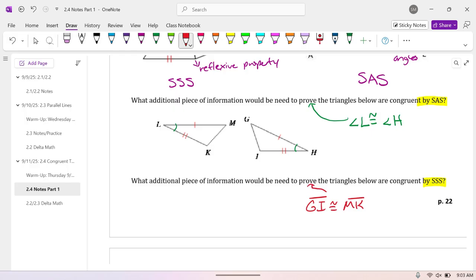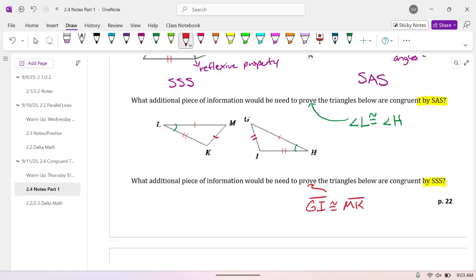That's what we would have to prove. So sometimes, if I asked you to tell me whether they were congruent by SAS or SSS, it's totally fine to tell me if there's not enough information. Because that will happen occasionally. Like if I gave you this, but without the angles marked or the extra side marked, there's not enough information there to tell me whether it is or not.